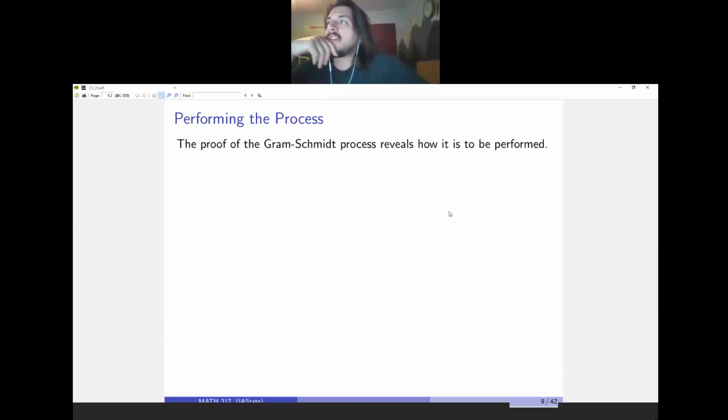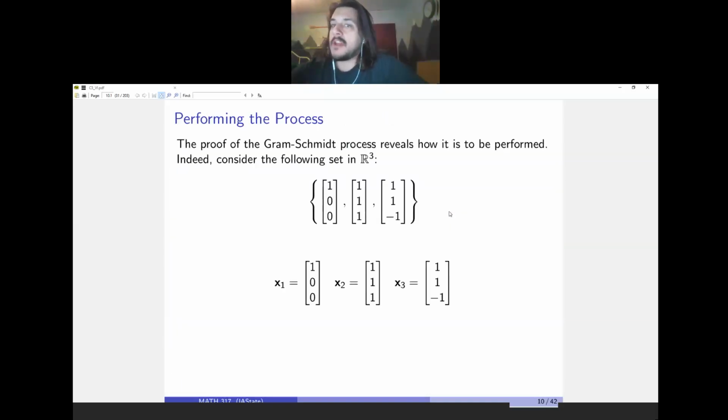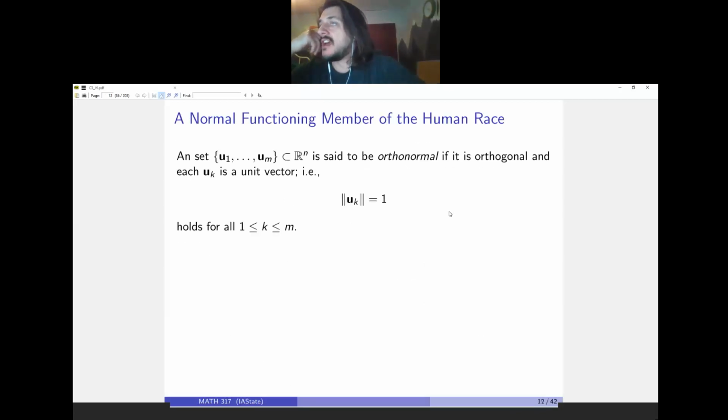All right, so that kind of pretty much catches us up to speed. We talked about how to perform the Gram-Schmidt process, and then we talked about how you can power it up a little bit. So instead of turning the distinct and linearly independent set into an orthogonal set, you can turn it into an orthonormal set, which is an orthogonal set with the extra condition that all of the elements are of length 1.